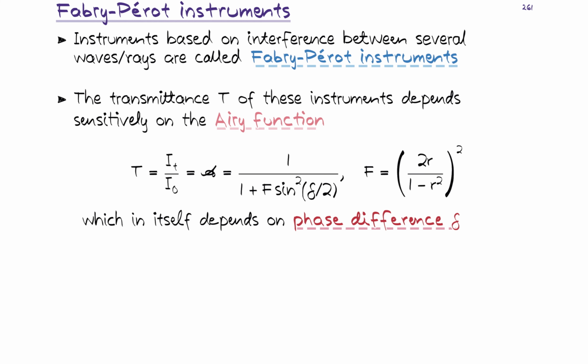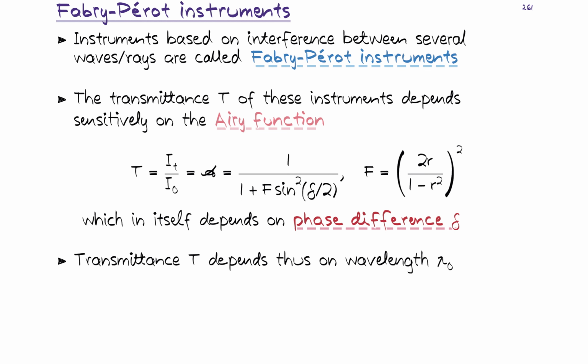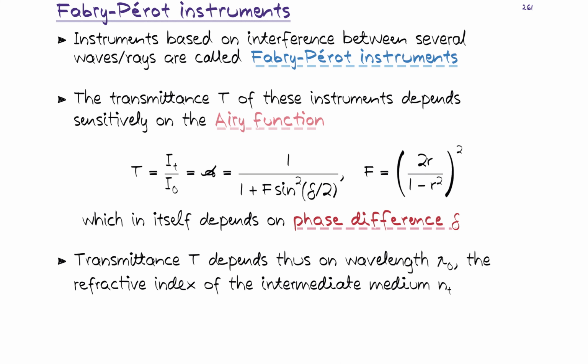So here, of course, the transmittance depends on the phase difference delta and on the finesse coefficient, capital F, which furthermore depends on the reflection coefficient. And looking at the figure, especially the phase difference and its implicit dependence on different parameters, we see that the transmittance of my resonator, my instrument, first of all depends on the incident wavelength, lambda null, depends on the refractive index of my intermediate medium, in the case of thin film structures the refractive index of the thin film, n_T, and then of course the thickness of the medium, that would be the thickness or length of my cavity, d.